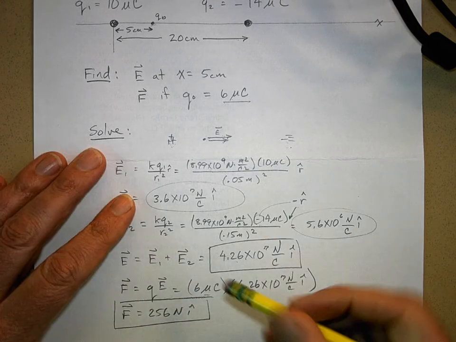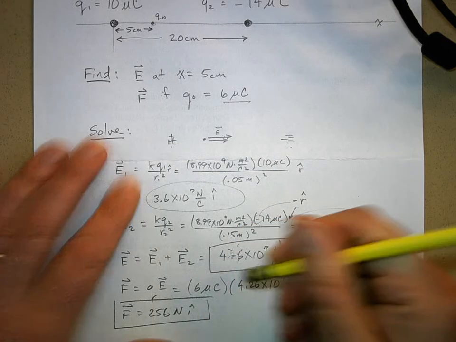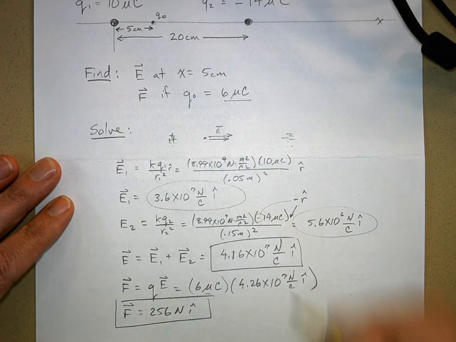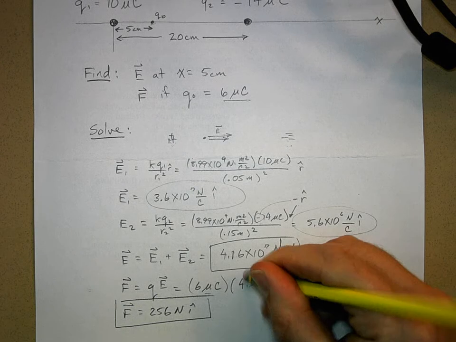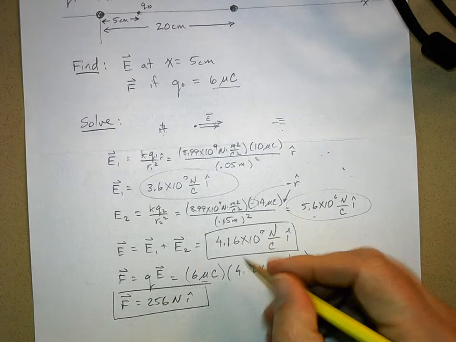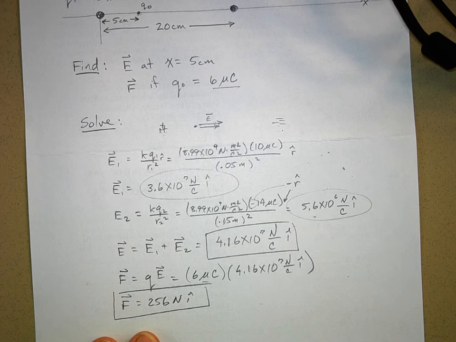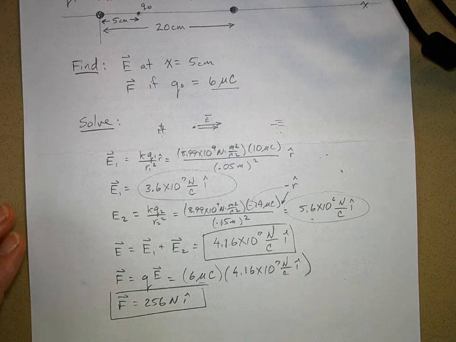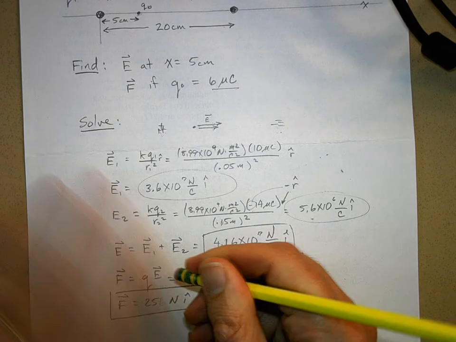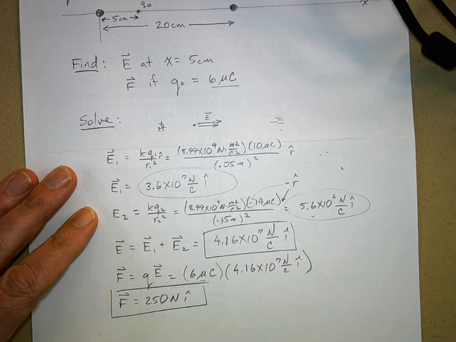And I think I must have just written it down wrong when I worked this problem out ahead of time. And then, does that change this answer? So I did carry that mistake forward. So what do you get? 6 times 4.16. So you get 249, right? 200 or 250, if you round it off to 3 significant figures. Okay, sorry about that.